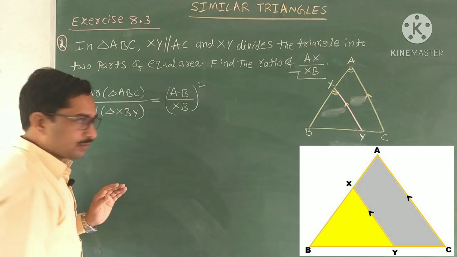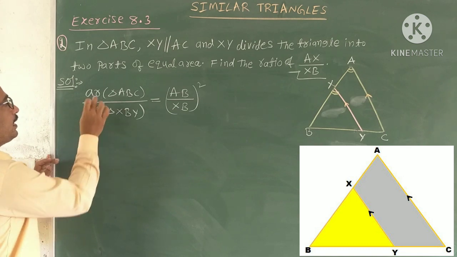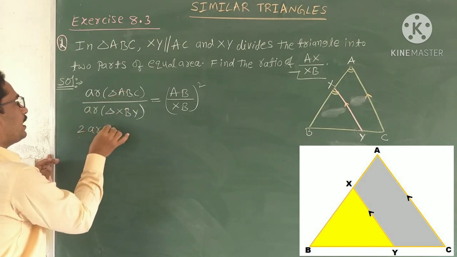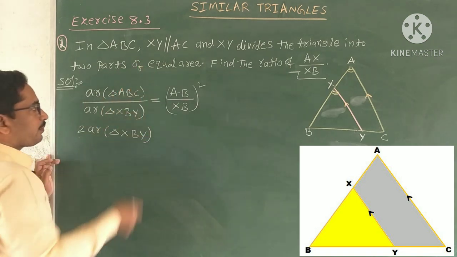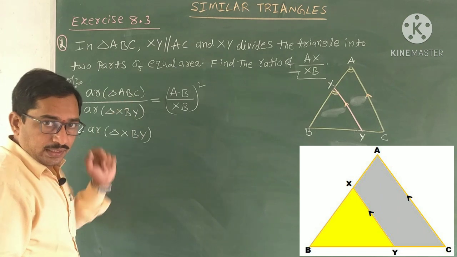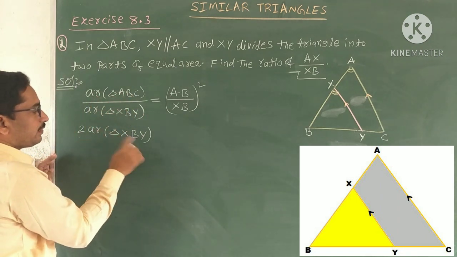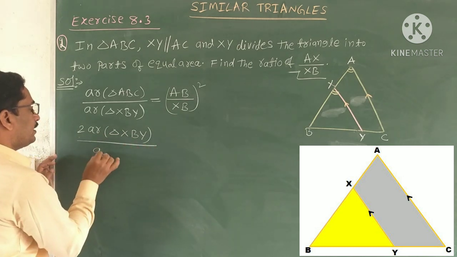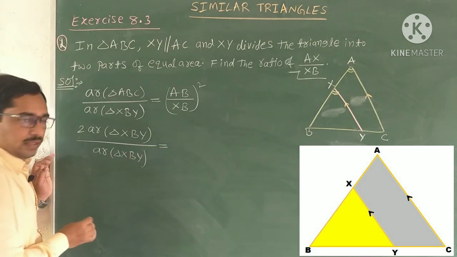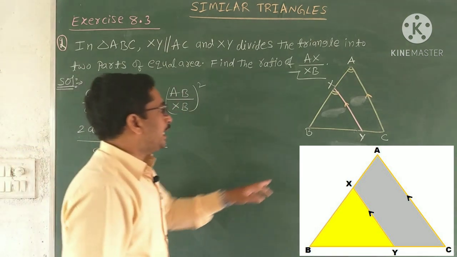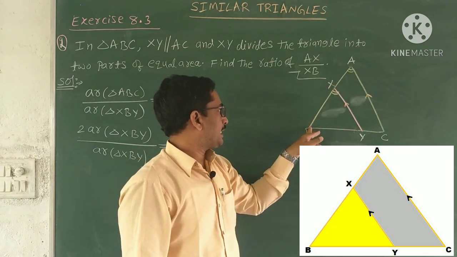The ratio of the areas of the two triangles is equal to the ratio of the squares of their corresponding sides. But from equation 1, area of triangle ABC is equal to 2 times area of triangle XBY. We already completed equation 1 at the beginning of the problem. So 2 times area of triangle XBY divided by area of triangle XBY equals AB by XB whole square.